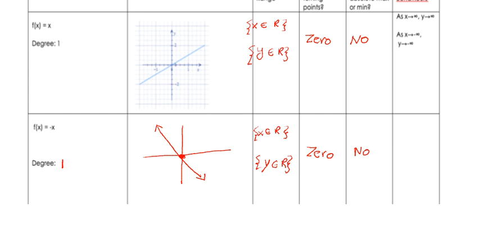What happens when x approaches negative infinity? Where does y approach? As x approaches negative infinity, y is approaching positive infinity because it's decreasing. And as x approaches infinity, y approaches negative infinity.